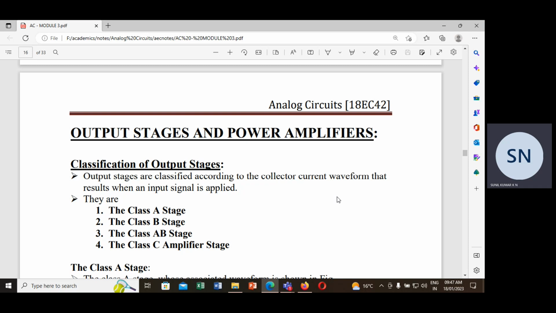In this, can you tell what is the current expression IE? What is the current? What type of biasing is it? Not only this configuration, I am asking about this particular configuration. What is I?